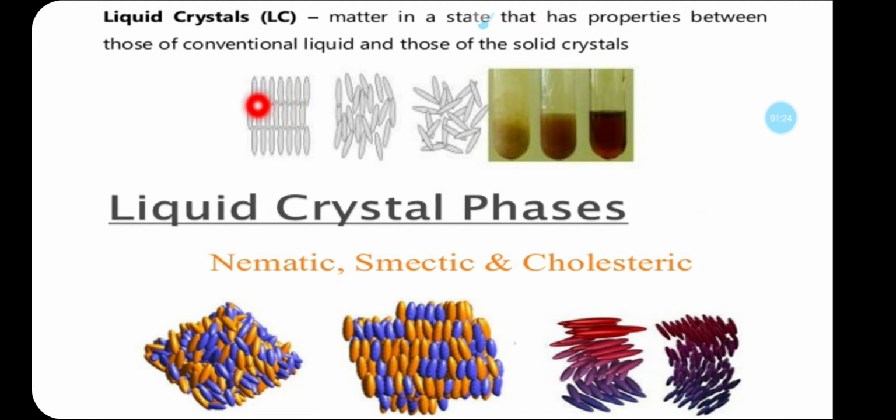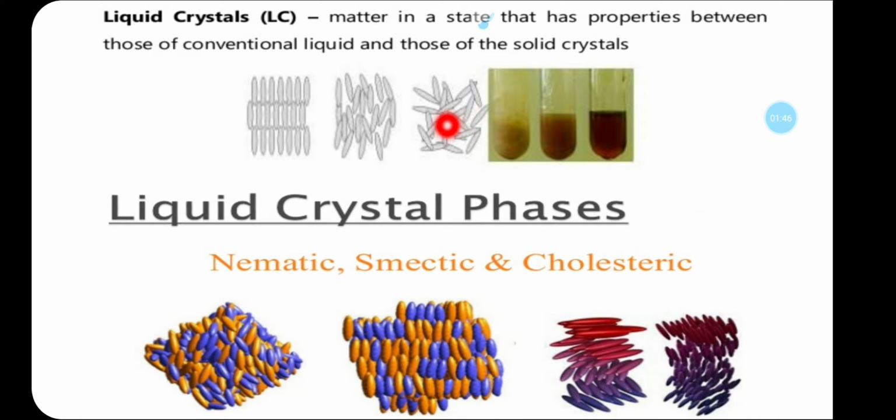Here I would like to show a schematic representation. This type of molecule association is in the solid crystalline form. But if we increase the temperature, the translational energy of the molecule increases. So this is completely conventional liquid.